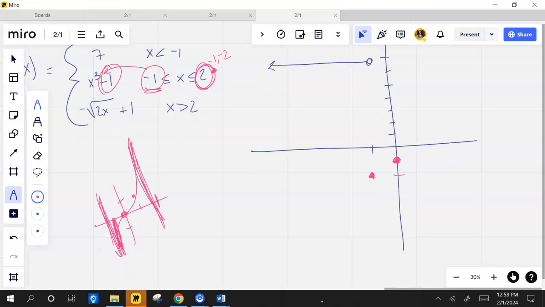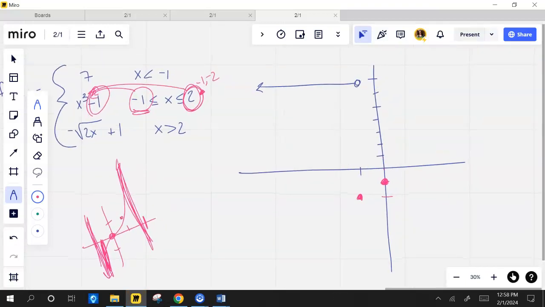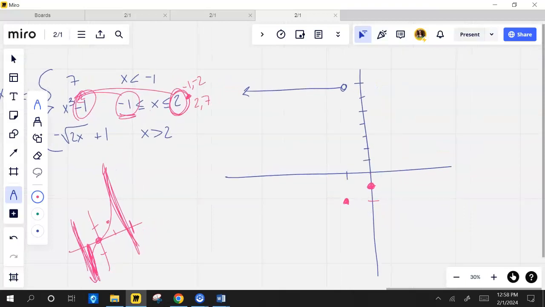All right, if I plug in 2, what do you get? 7. So that means 2, 7, open or closed? Closed. That's my other endpoint. So whereas this was the whole graph, the piece that I have now, that doesn't look quite right.